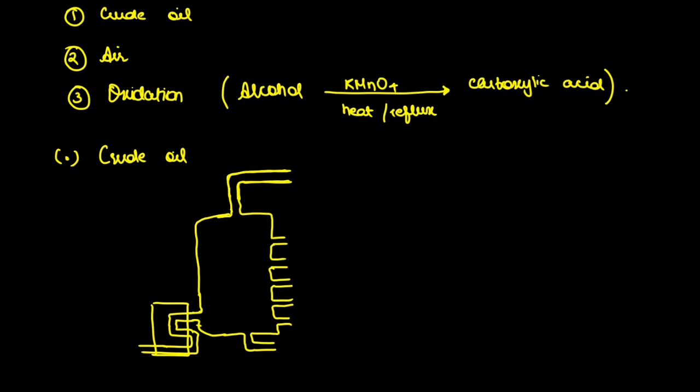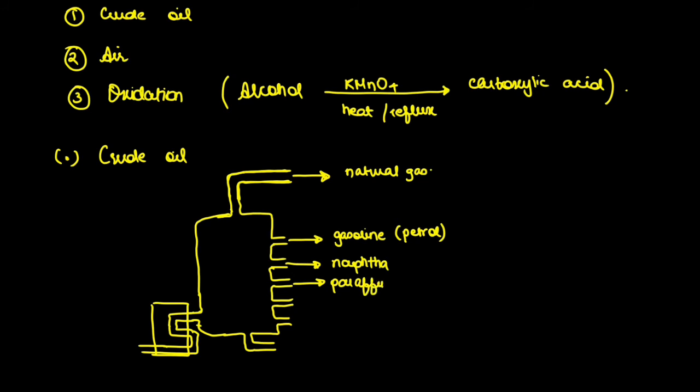Alright, so the first component that is extracted is natural gas, right? Or you can also write gas, natural gas. The second one is gasoline, or more commonly known as petrol. Alright, third one is naphtha. Fourth one is paraffin.